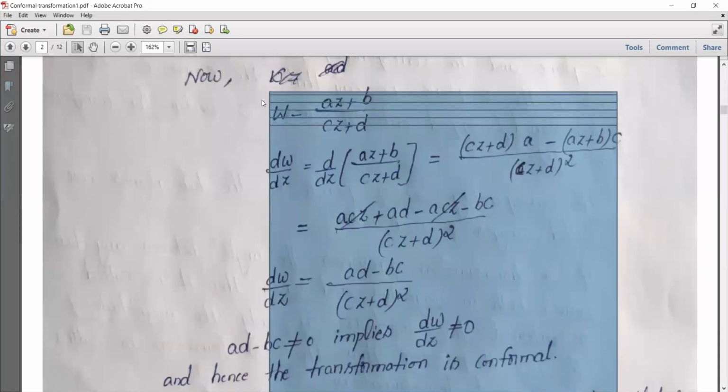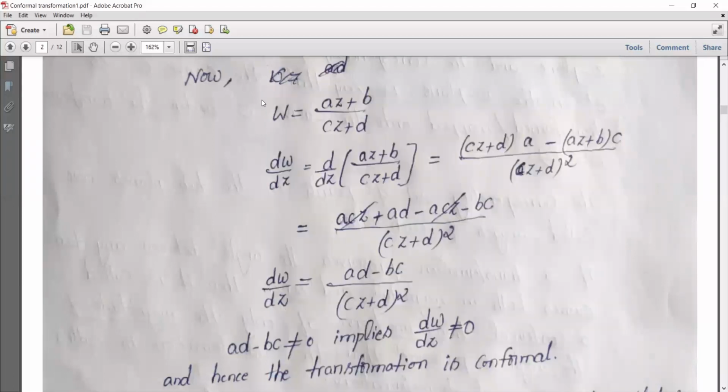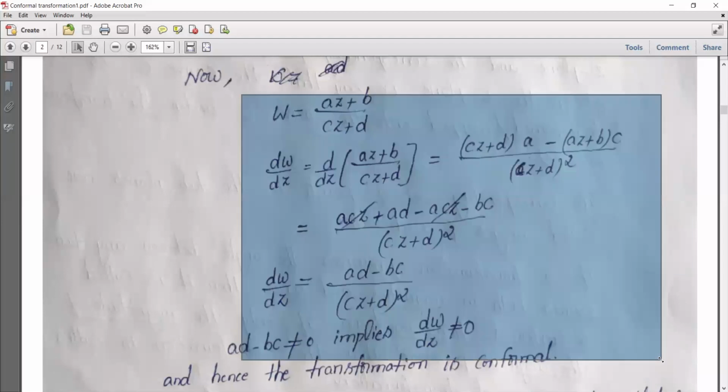Yes. Now, to say that the bilinear transformation W is equal to AZ plus B by CZ plus D is conformal, we take this procedure: find the derivative dw by dz is equal to d by dz of w, where w is az plus b by cz plus d. That is like differentiation of u by v form.